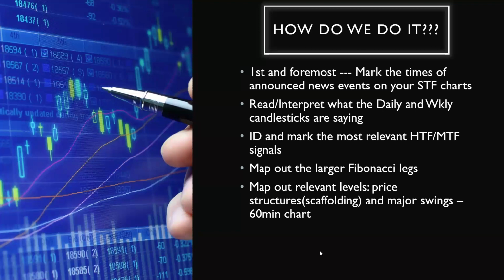And I typically stick to the 60-minute chart at that point. I am looking for major swings on a 60-minute chart, not on the daily or monthly or a 10-minute chart. The 60-minute chart is where I stay. I anchor myself in between the high time frames and the lower time frames, right? So I'll show you how I do that as well.